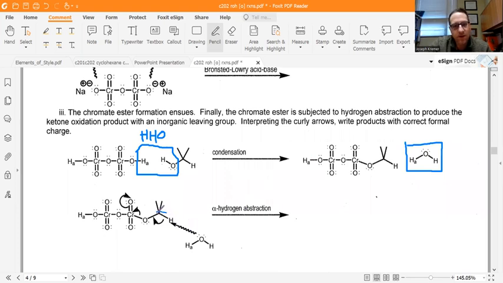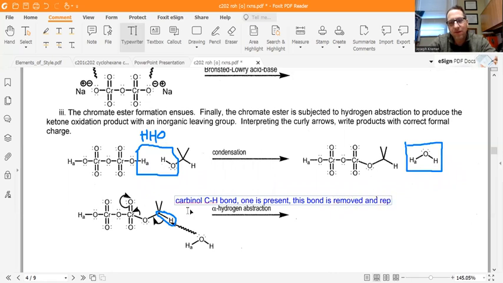So this is the carbonyl carbon hydrogen bond here. Carbonyl carbon hydrogen bond. There's one of them. One is present. This bond is removed and replaced by a new carbon oxygen bond.